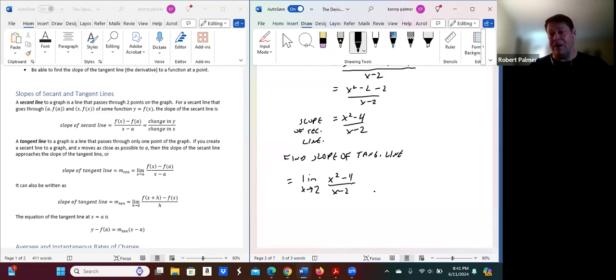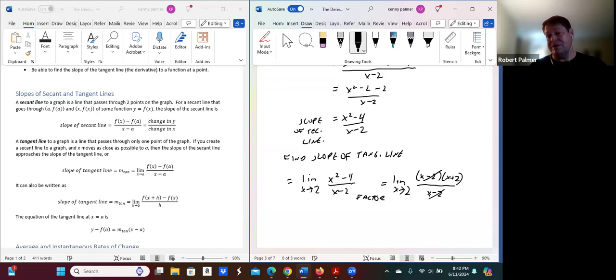But what I can do is factor this. So this is going to be the limit as x goes to 2. This factors using difference of squares into x minus 2 and x plus 2.